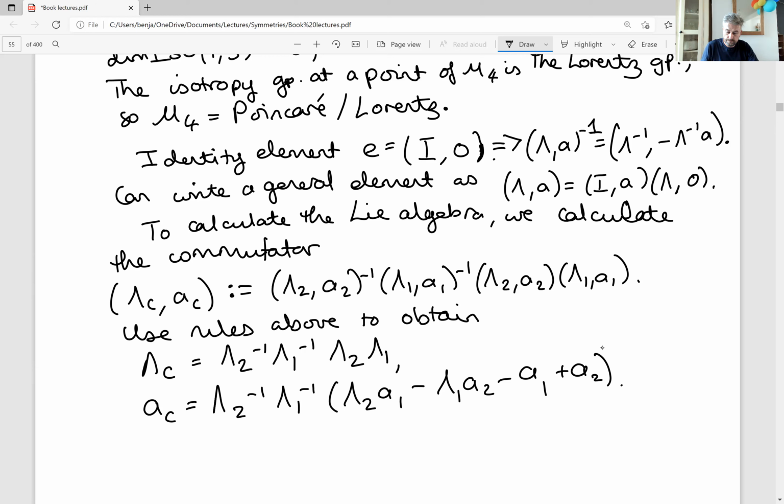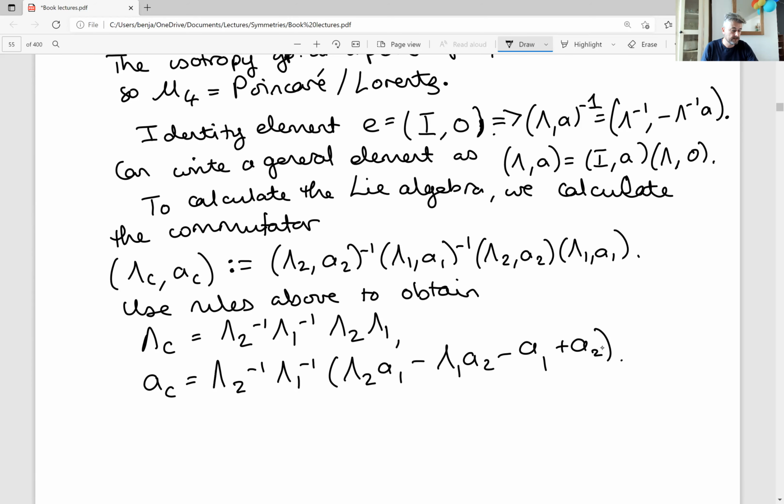Now, analogously with the Lorentz group discussion, we consider small changes.